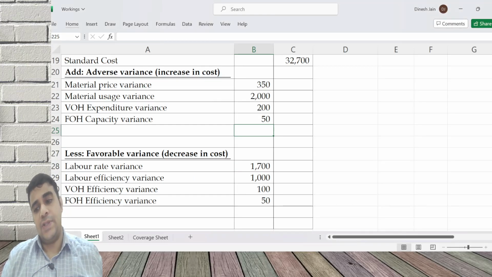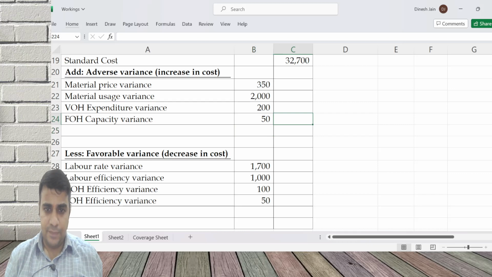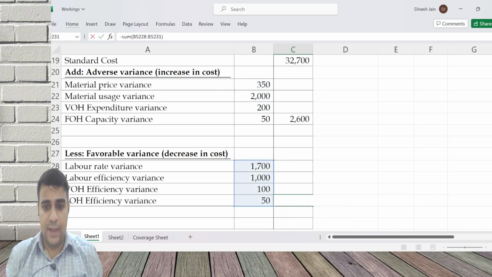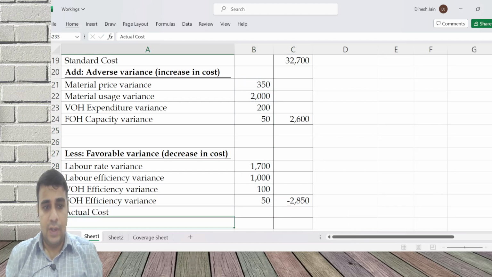Adverse variances in the adverse category, favorable in the favorable. Like this, you can have any number of variances. We'll put a total of adverse variances, total of favorable variance minus, and you will get actual cost.